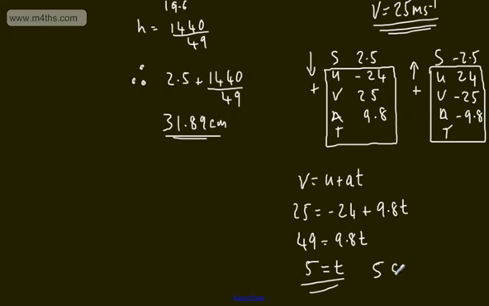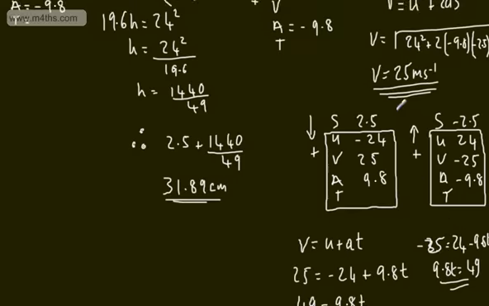And you can see now that this is going to be exactly the same if we do it here. We've got minus 25 is equal to 24 minus 9.8t. And simply rearranging, 9.8t is equal to 49. You can see the same. Now that's me using the value that I've found in a previous question. If I wasn't confident and if I had time, I could just use 3 pieces of information that I was given in the question.